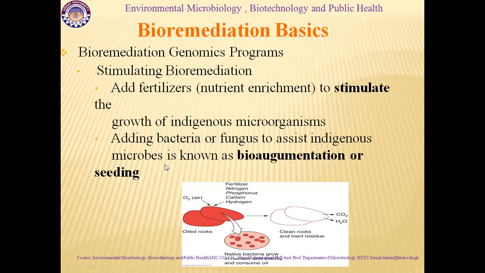So we stimulate the existing microbial population by providing nutrients and fertilizers, increasing the endogenous microbial population. As the population increases, the need for nutrients and energy also increases, and they use the available pollutant for energy. Therefore, this technique is called bioaugmentation or seeding.